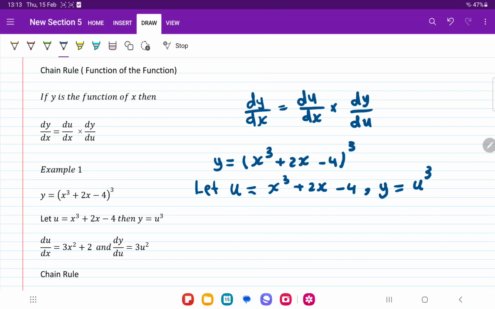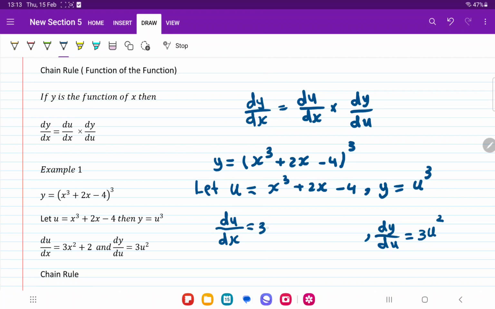Okay? So next step, we're going to differentiate each of these two functions individually. We're going to write du over dx, and here will be dy over du. According to the general rule of differentiation, you just bring the power to the front and subtract 1 from the power. We do the same thing here.